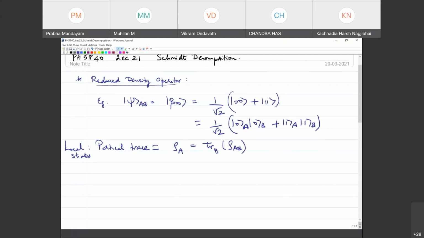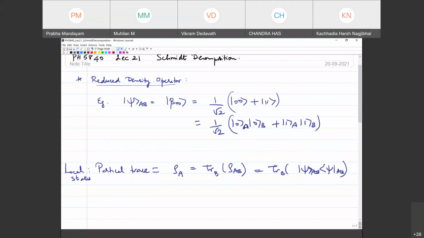And in this case, the joint state rho AB is simply this density operator, which is the projector onto this pure state. So note that the bipartite state, of course this is one of the Bell EPR states, and for the case of any of these Bell states, the bipartite state is pure.